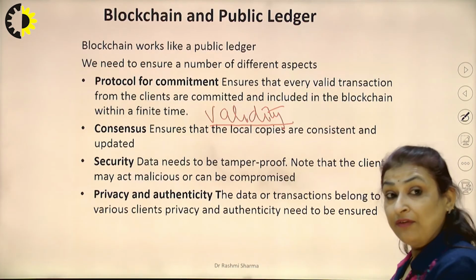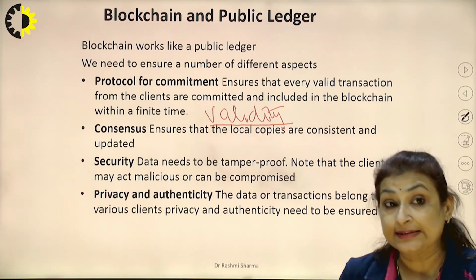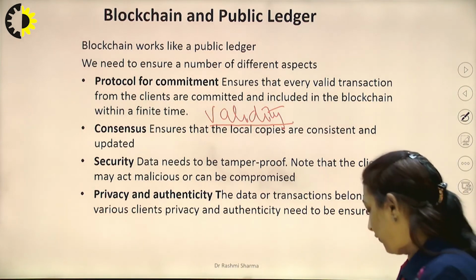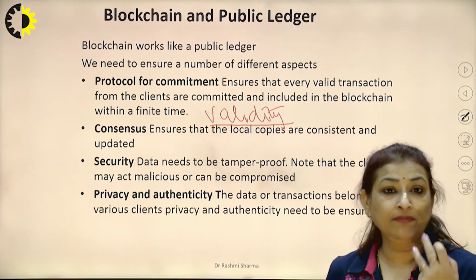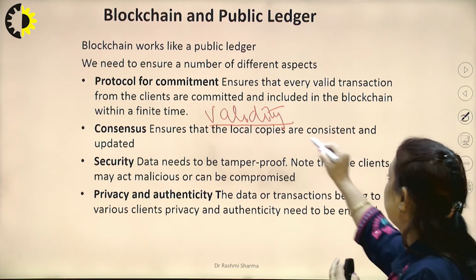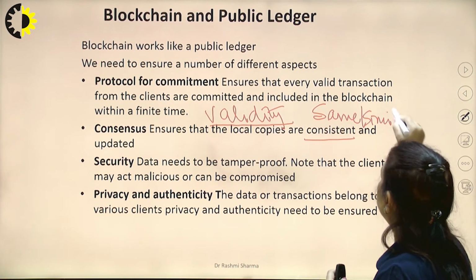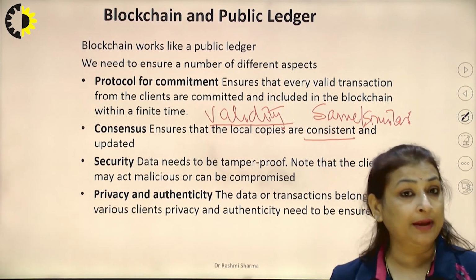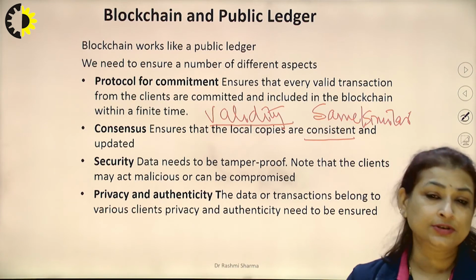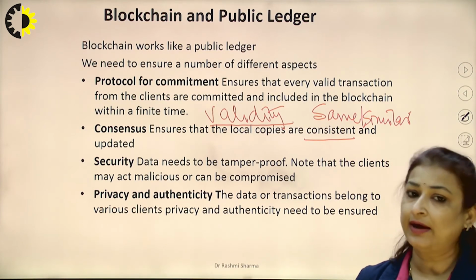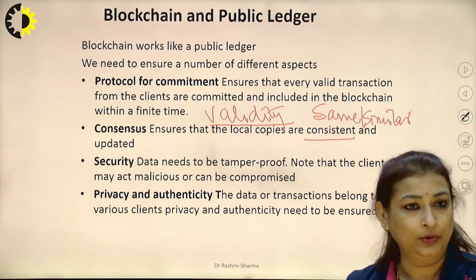We don't have to wait for that particular person, because we have to have a consensus, a surety for everything. So we should have a local copy which is consistent, that is, the same or similar on each and every node. If it is not the same, then obviously there is no consensus. Somebody is doing some forgery, or that person is a culprit creating some nuisance in the network.